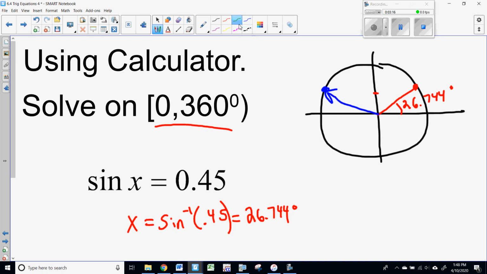Now, what we're going to use to be able to find this is that we know both of these angles have what we talked about a long time ago, which is the idea of a reference angle. So we know this angle here is also 26.744. So when we want to find this angle, we just have to subtract that from 180.